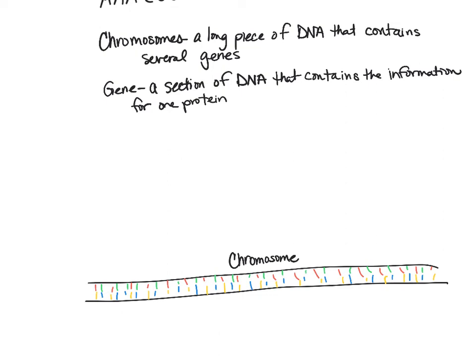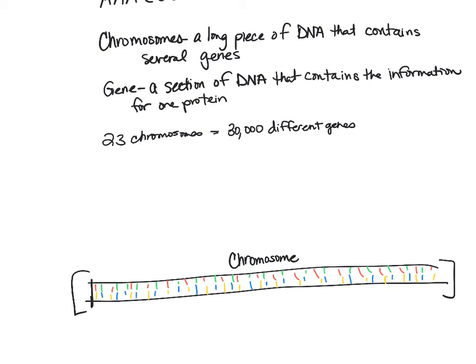Now humans have 23 chromosomes. So 23 different chromosomes, and that equals about 30,000 different genes. So if we pretend that this is a single chromosome, from here to here is one of our chromosomes, one long piece of DNA, then from here to here would be a gene.